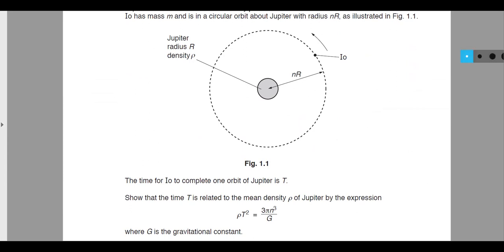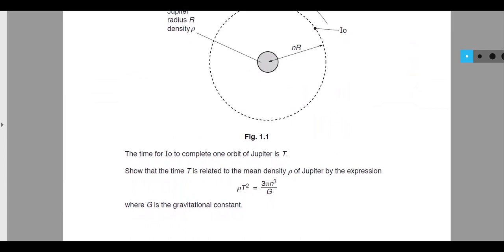That's something that's observable with a really not that great of a telescope, one that existed centuries ago. You'd be able to get the value of n. You'd be able to get the value of T. The rest are just constants, and we can actually deduce something about the density of a planet just by looking at the orbital dynamics of one of its moons.